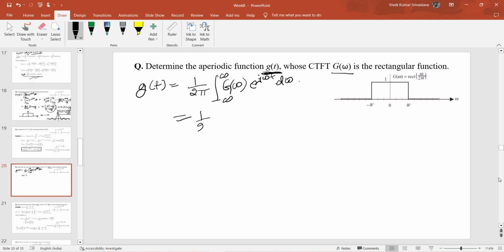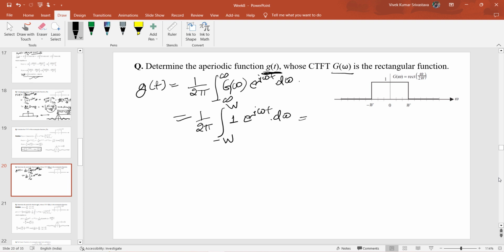So this we can write as 1 over 2 pi integral from minus w to w. The value of g of omega will be 1 in this interval, and this will be multiplied by e raised to the power j omega t d omega.